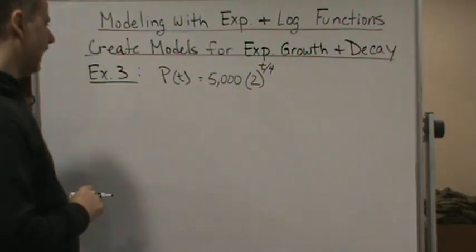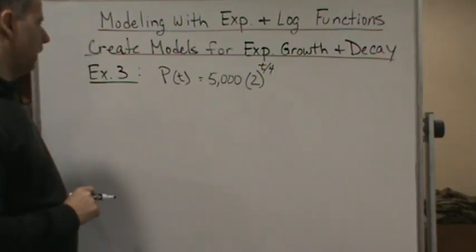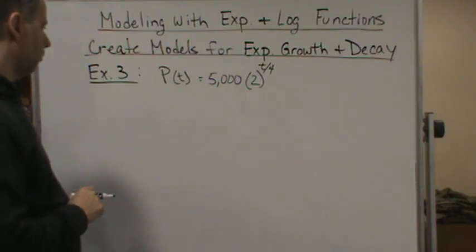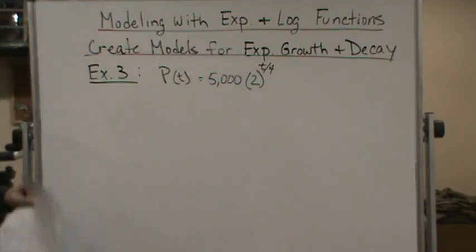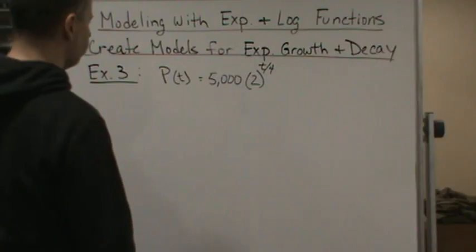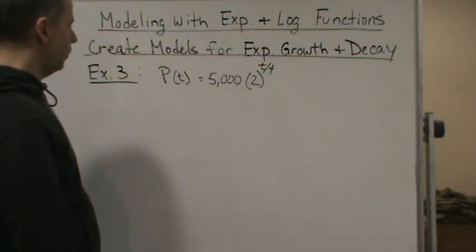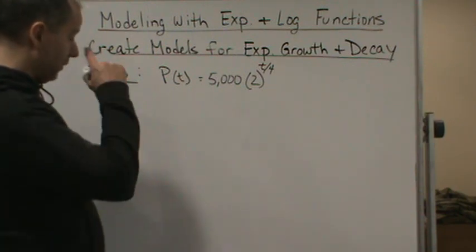Well, if we want to get a base of E in there, then what we're going to need to do is, again, we'll use that rule that we're talking about. And so let's use the fact that we can raise both of these.